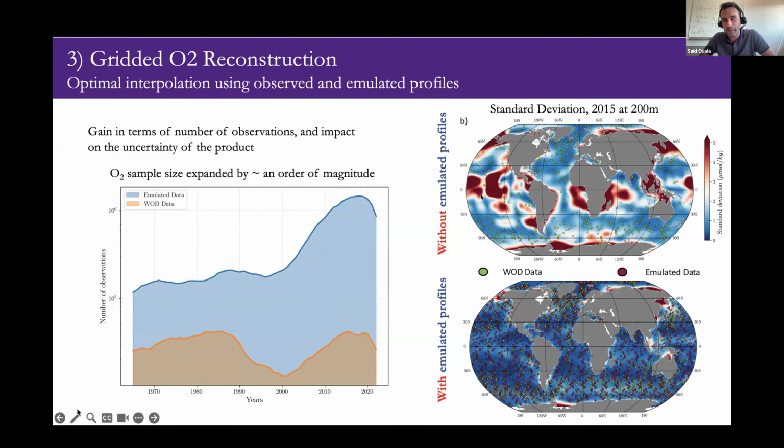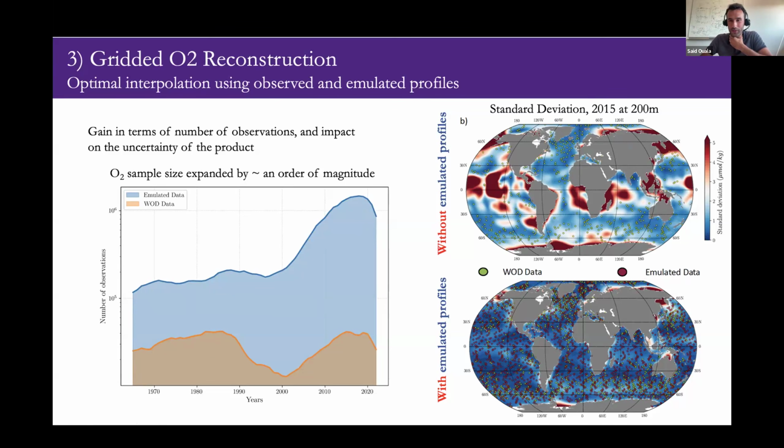But for pixels with little to no observations, there is no large correction, so we only use the uncertainty of the background field. For poorly sampled regions in the product without emulated profiles, this is roughly a standard deviation of 5 micromole per kilogram, which is very big in oxygen minimum zone regions, because the oxygen concentration there is around zero.